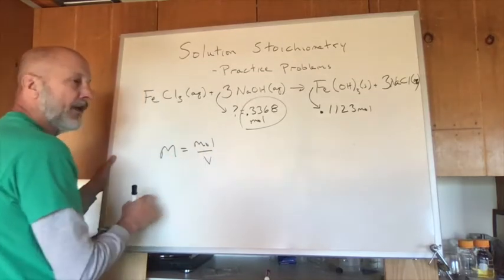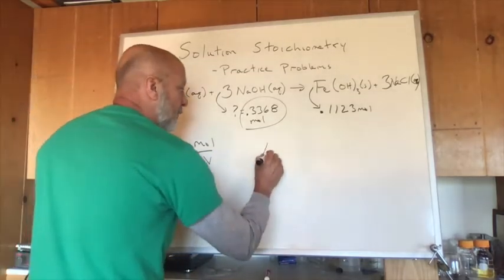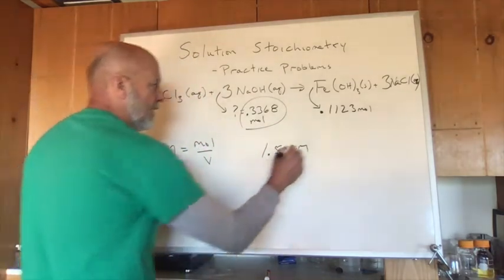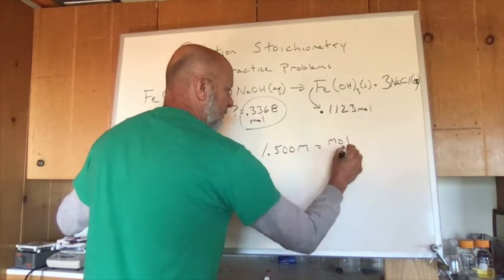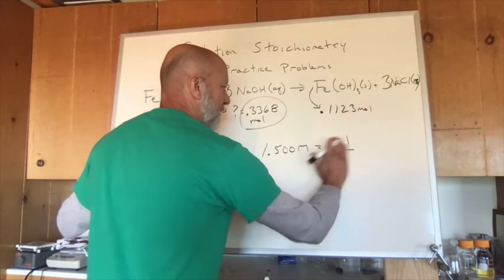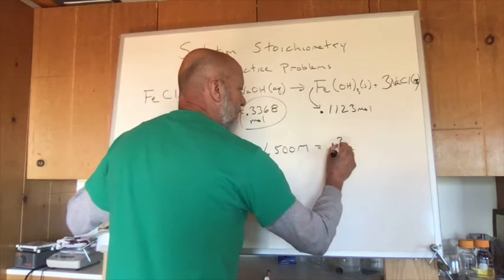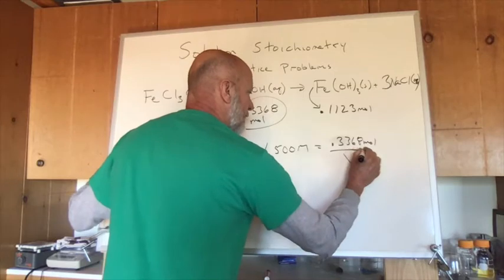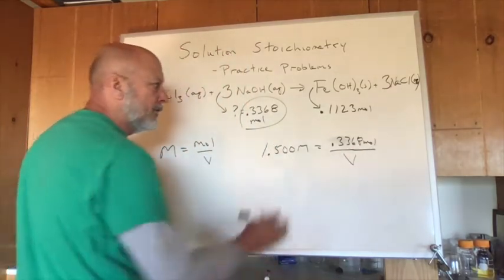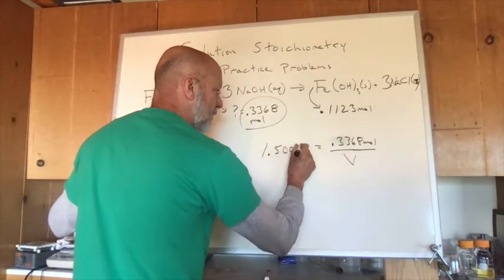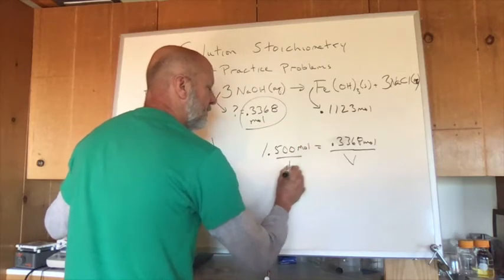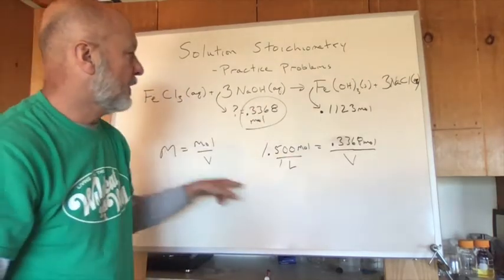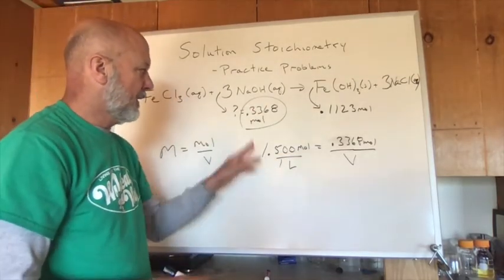I know the moles, and I was given in the problem, it was 1.500 molar, equals a given number of moles, 0.3368 mole over volume. Well, remember, molar is mole per liter, per 1 liter. And so I can do my cross multiplication.